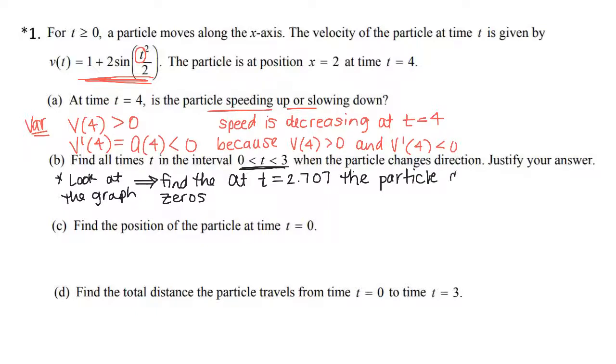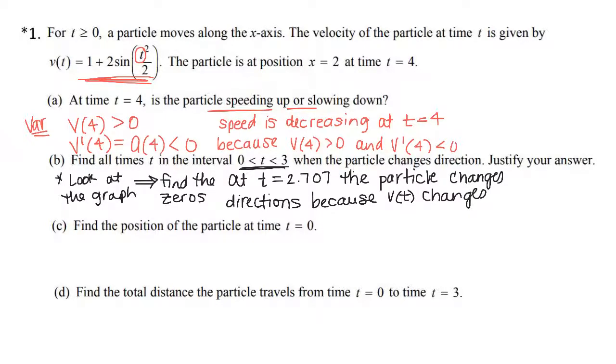The particle changes directions, and why do we know it changes directions? Because what happens? What happens with v of t? Because v of t changes from what? It changes signs.